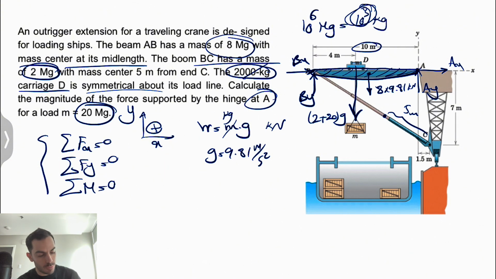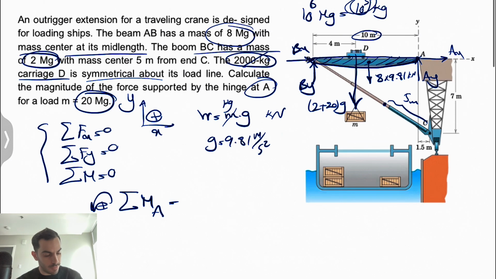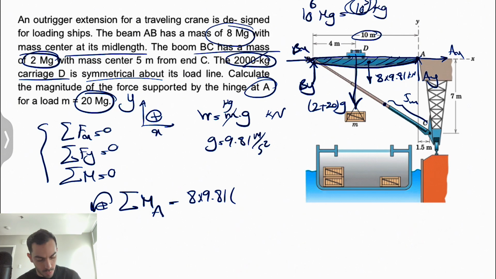So we can start with our moment equation. We can do either about point A or point B, it really doesn't matter, so let's just go with A. We're going to have the moment of the mass of the beam, a counterclockwise moment, so positive 8 times 9.81. The distance we know is 5, because the question told us it would be mid-length.